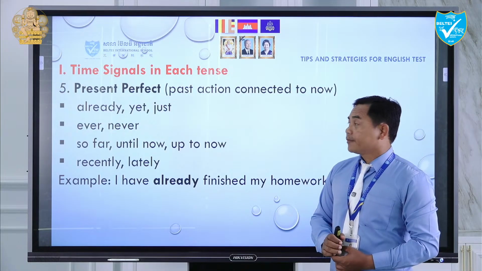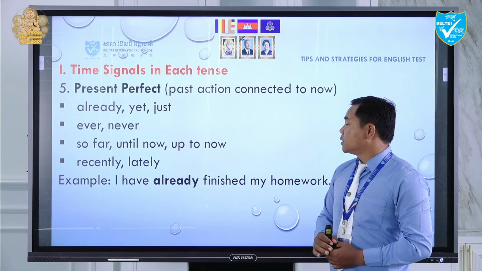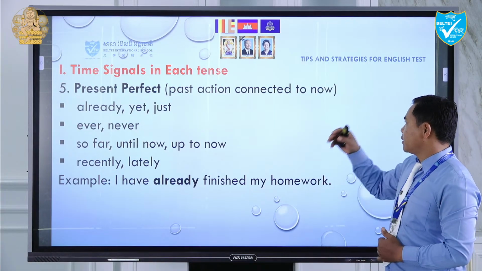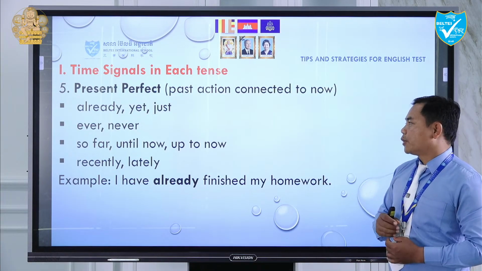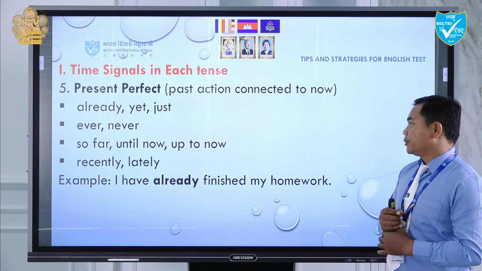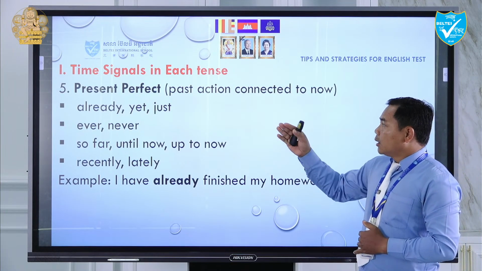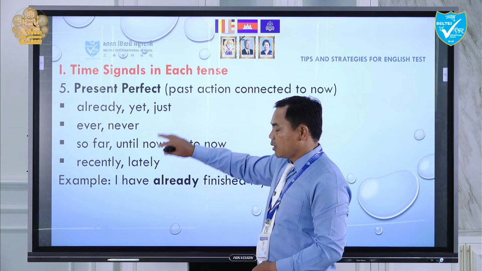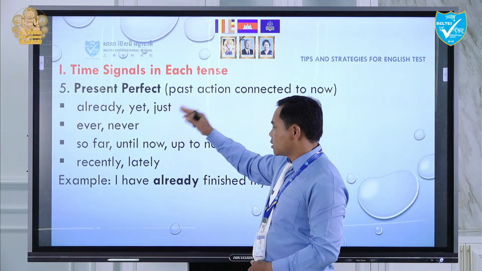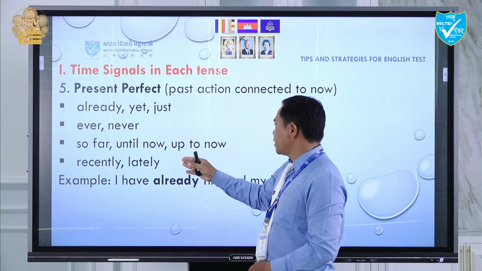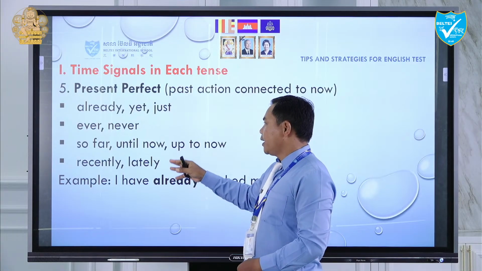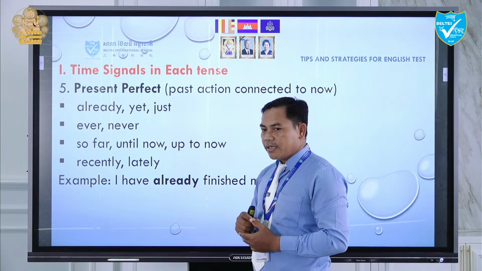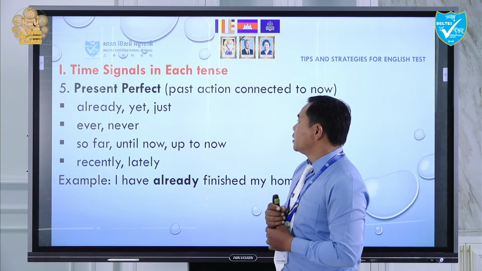And number five, present perfect. We use it to talk about an action that happened in the past and connects to now, or continues to now. Time expressions or time signals used in present perfect: already, yet, just, ever, never, so far, until now, up to now, recently, or lately. So these are time signals that you can identify and use with present perfect tense.